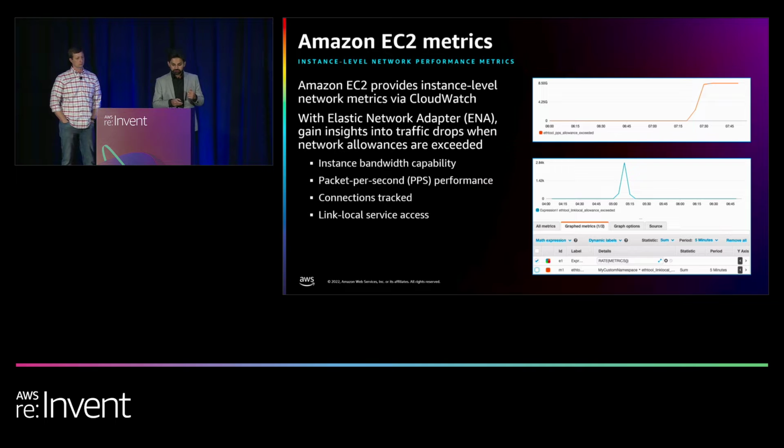But with the Elastic Network Adapter, the ENA driver, we also give you the ability to track when traffic exceeds the network allowances assigned to your Amazon EC2 instance at the instance level, such as the bandwidth capability, the packets per second, the connection tracking limit, and the packets per second limit for some of the local proxy services, such as the metadata services and DNS. So it's also important to monitor these attributes.